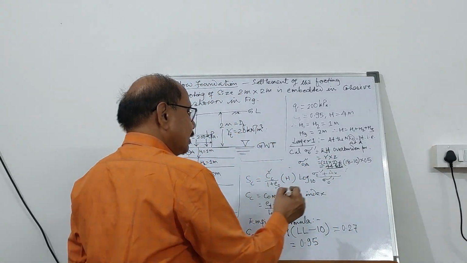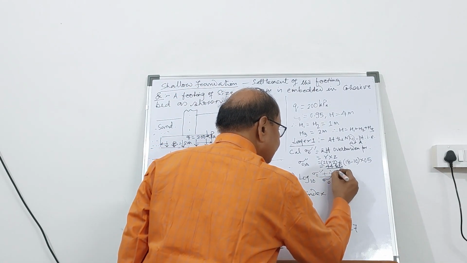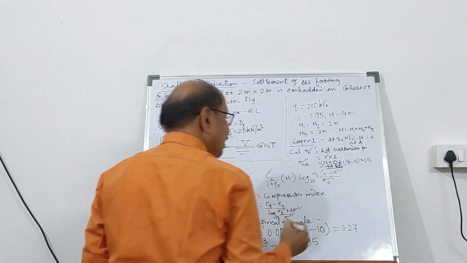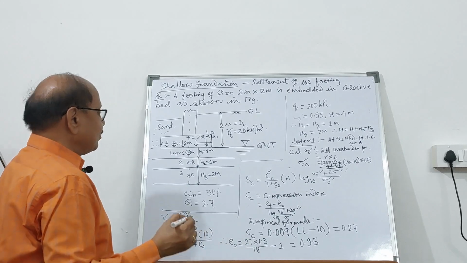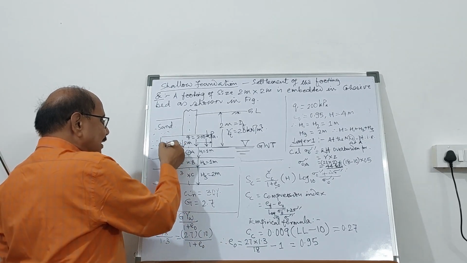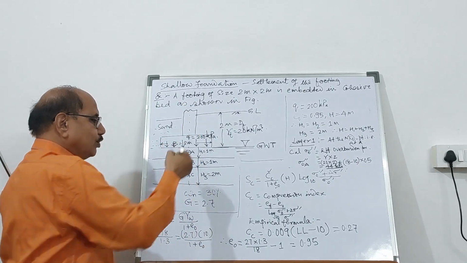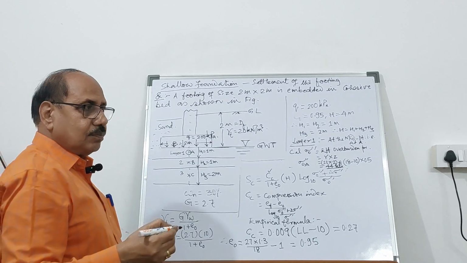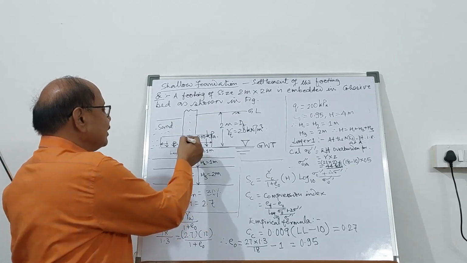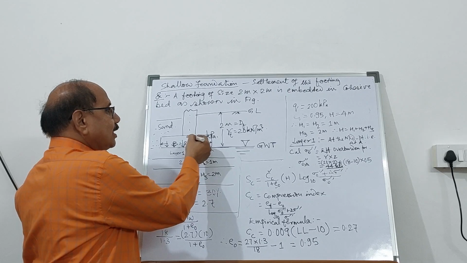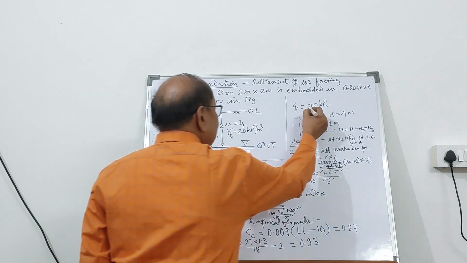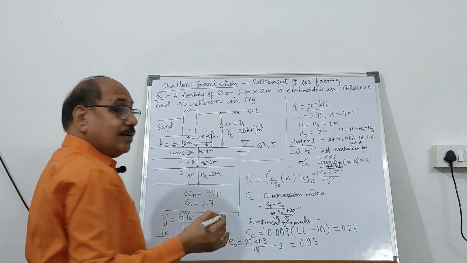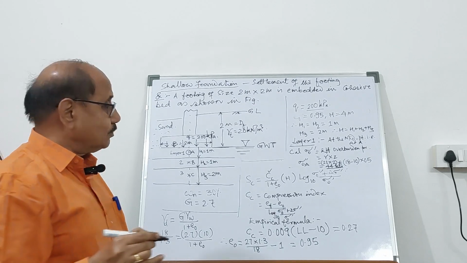Right? Now what is the next term? There is delta sigma prime. What is delta sigma prime? After applying this external loading through the footing, post construction, what is the intensity of the loading? That intensity of the loading is 200 kilopascal. This is applied post construction.